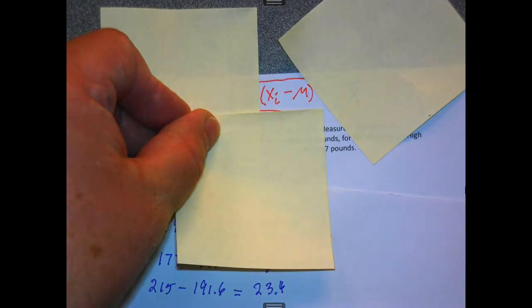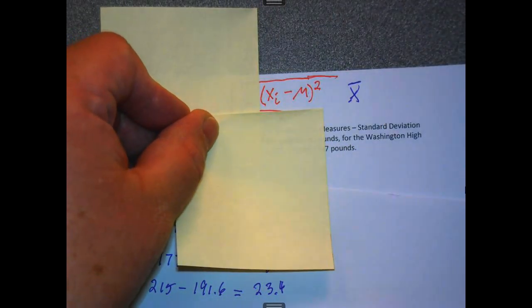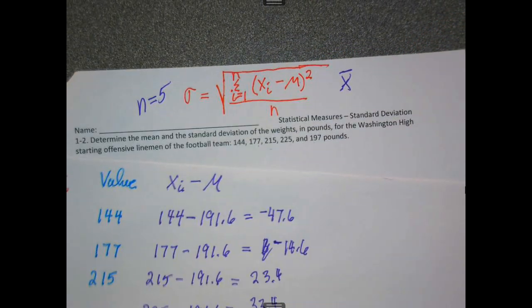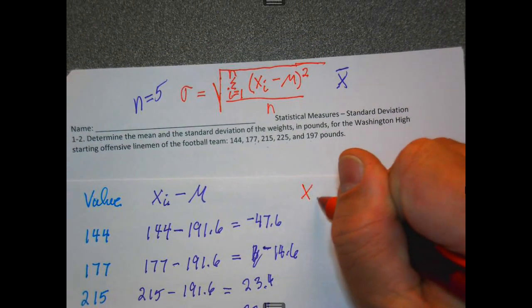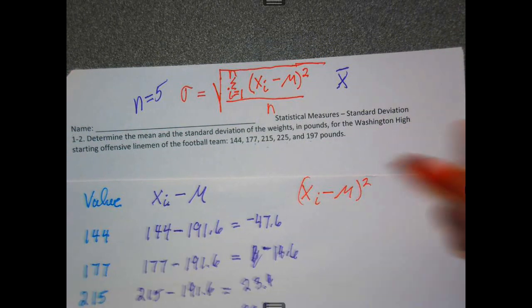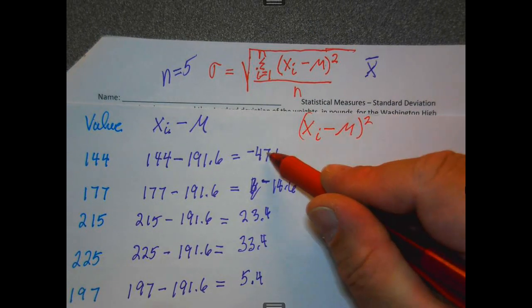What's the next part? We have to square it, right? So let's square them. And the reason why we square them, anybody know? Remember from yesterday? Why do we square them? Yeah, we got to make them positive.